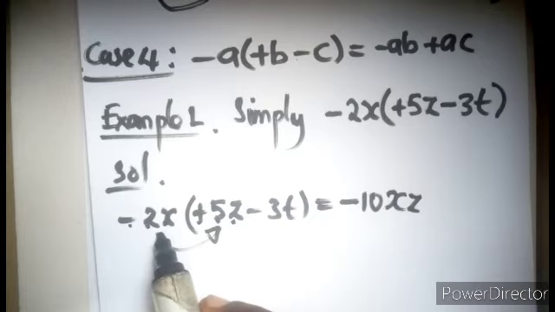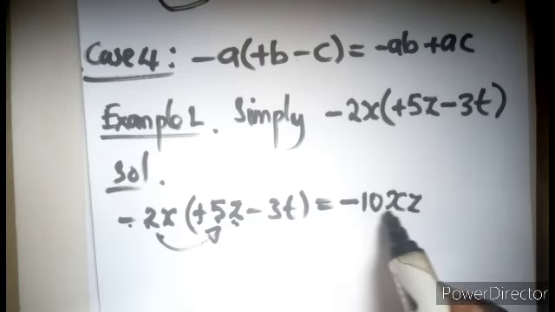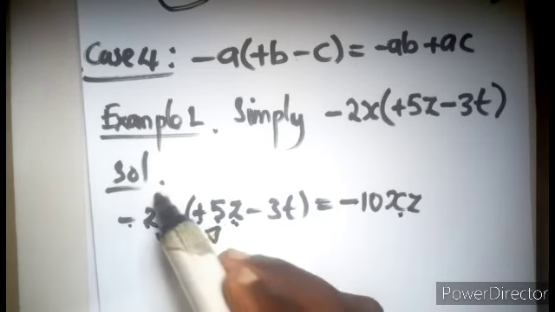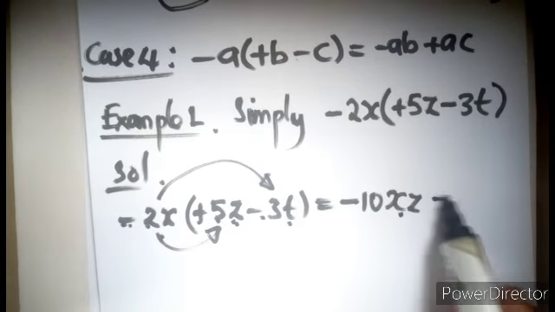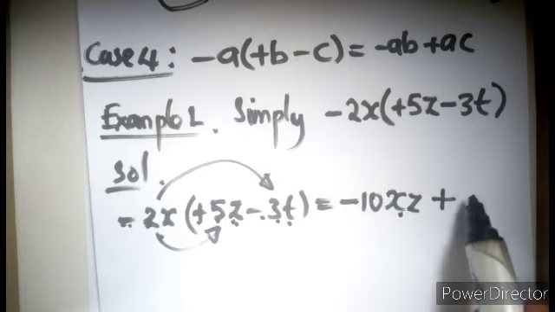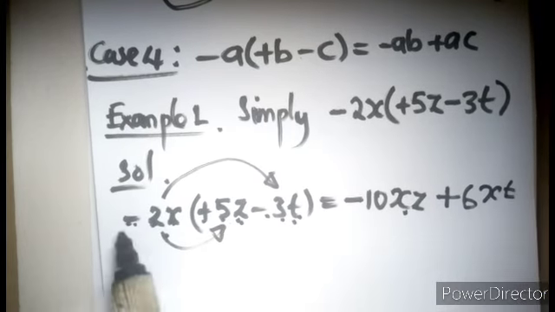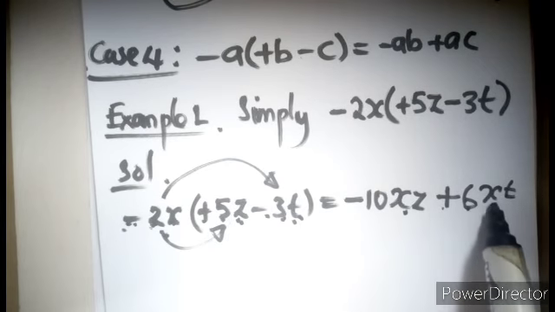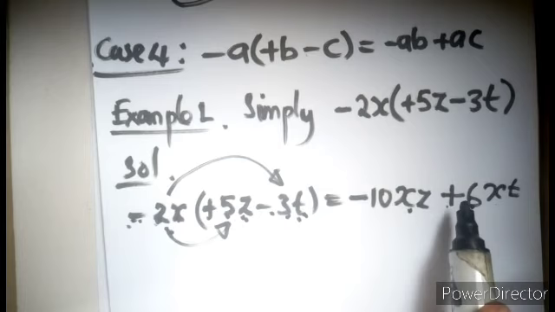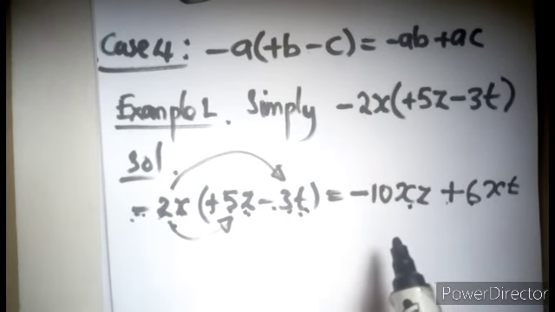So negative 2x times positive 5z is negative 10xz. Now, negative 2x times what? Negative 3t. Negative times negative is what? Positive. 2 times 3 is 6. X times t is xt. So negative 2x times negative 3t is positive 6xt. Okay, that is case 4.